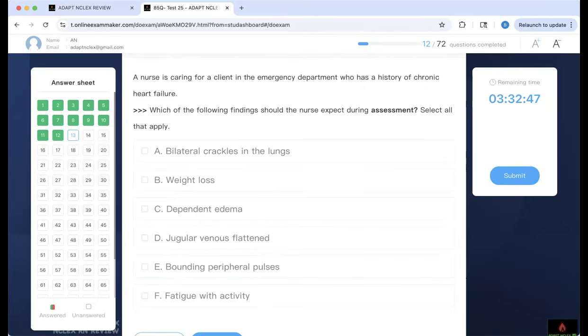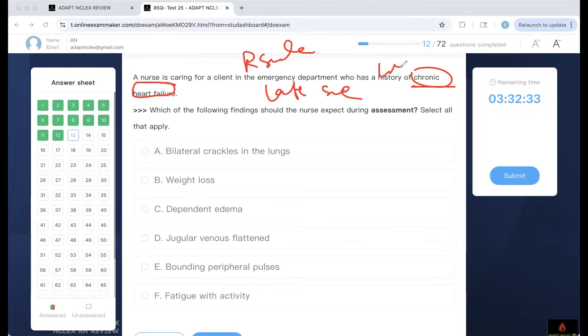The key buzzword for the question is what? Chronic heart failure. This is different from if I want you to worry about right-sided, I will say right. If I say left, I will say left. When I say chronic, I mean left and right. Therefore, look for signs and symptoms of left and right. Bilateral crackles are associated with what?